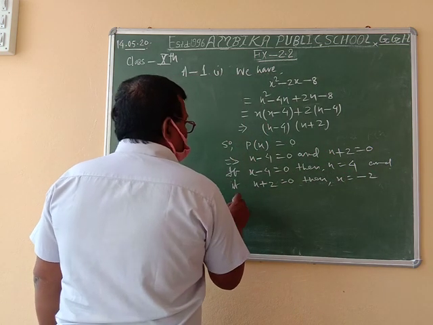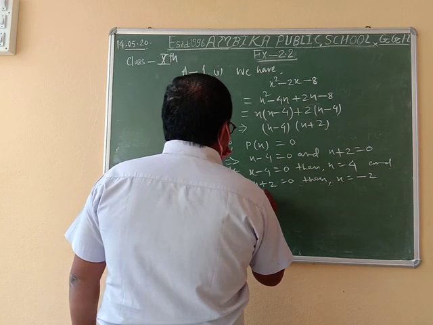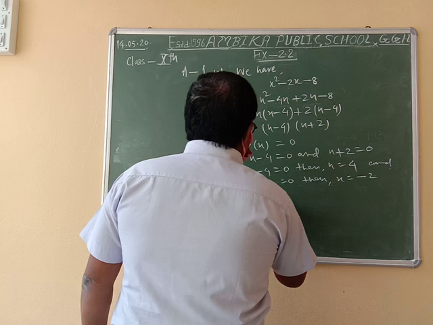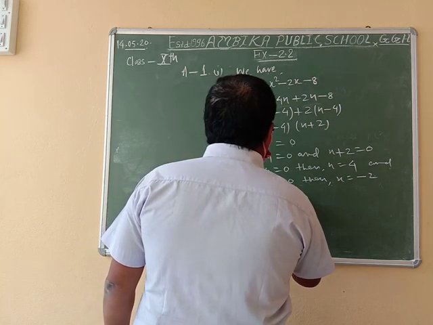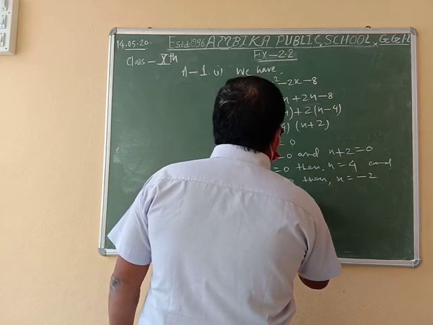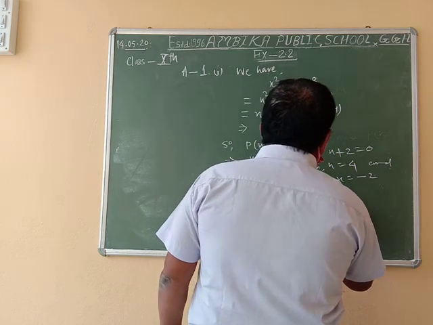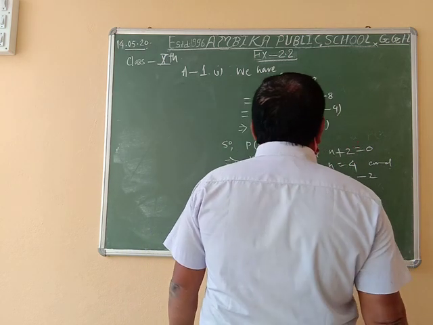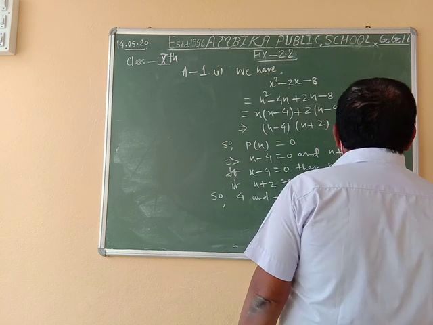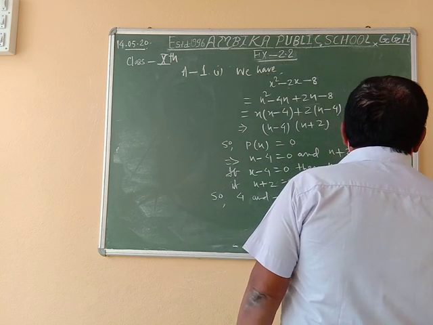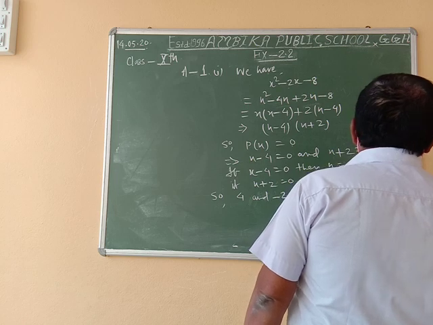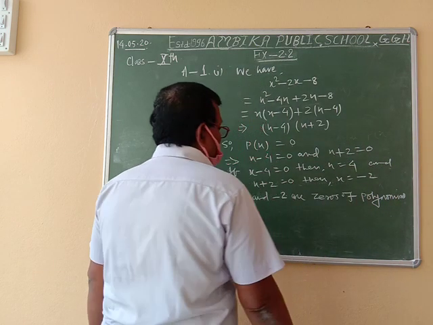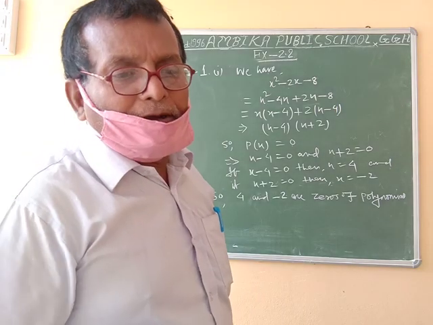So 4 and minus 2 are zeros of the polynomial.